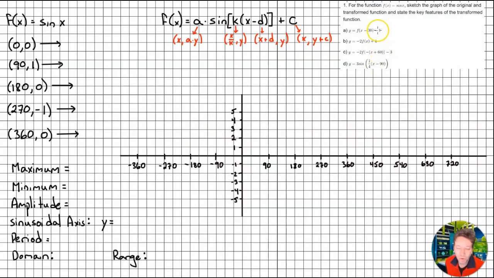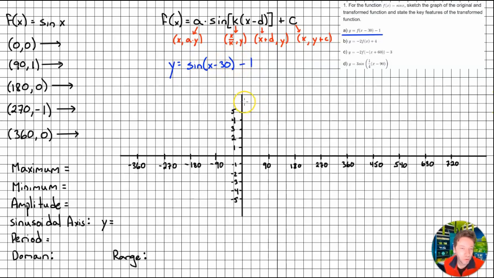All right, so now how are we actually going to graph? Let's start with this function here. So if I write that down, we have y equals a, which is 1, times the sine of x minus 30, subtract 1.